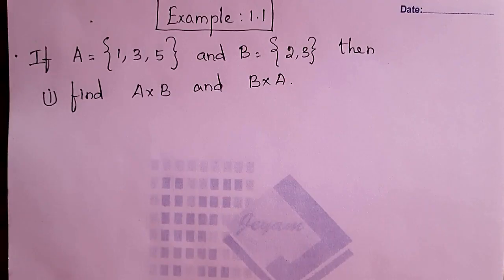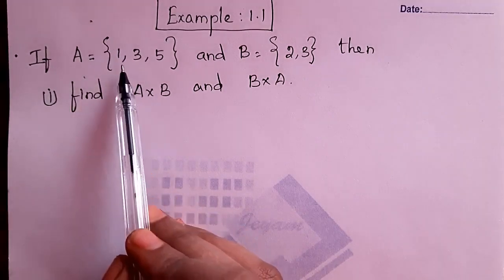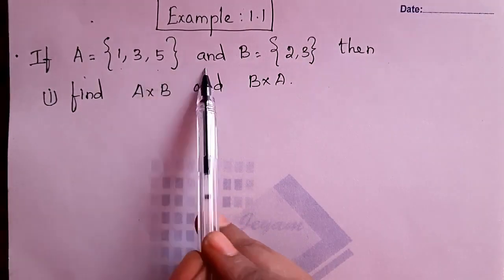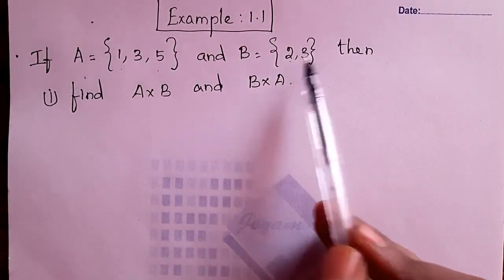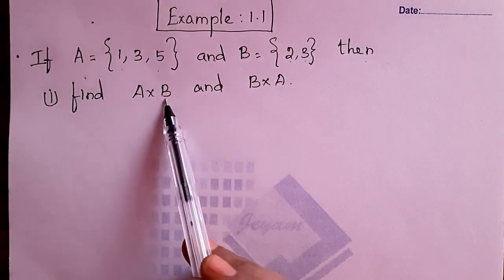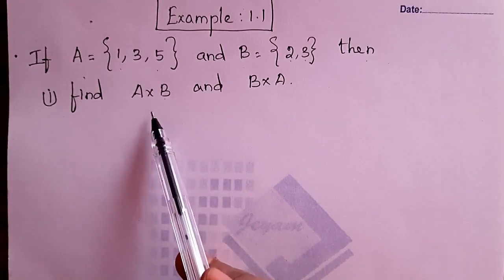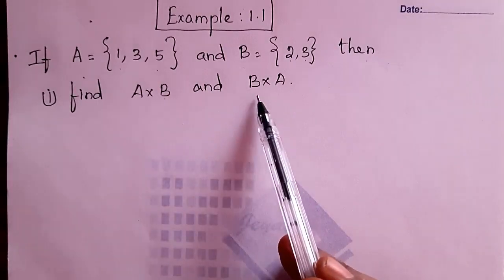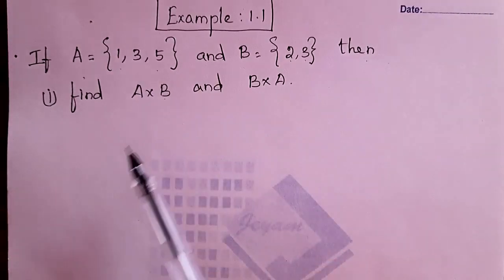Example 1.1. If A equals the set of all 1, 3, 5 and B equals the set of all 2, 3, then first subdivision: find A cross B and B cross A. That means the Cartesian product of A and B, and also the Cartesian product of B and A. You have 3 subdivisions, we can do them one by one.